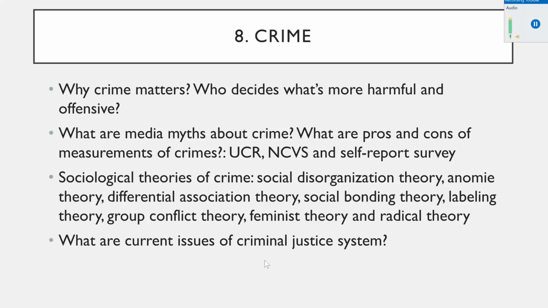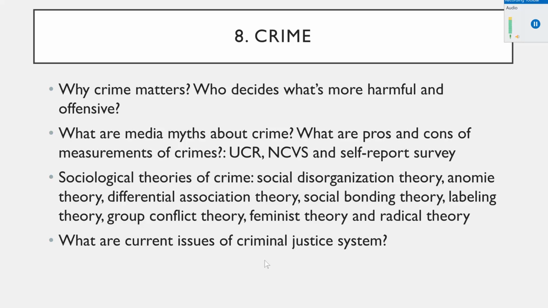It's not considered a crime. So it's like a socially constructed theme, because some actions or customs are not considered crimes, but some may be considered crimes in other societies. But anyway, we are talking about the U.S. context, so we are talking about violence, homicide, and other things.